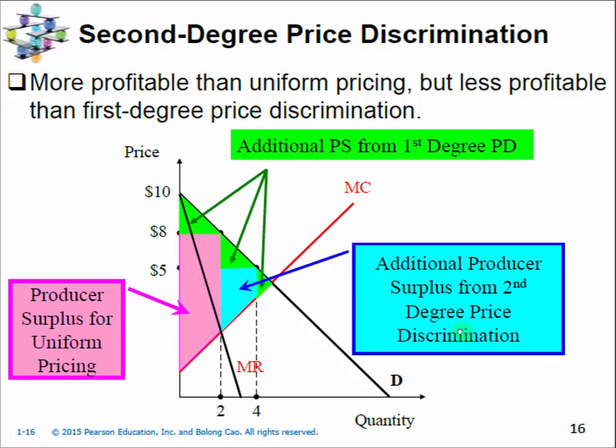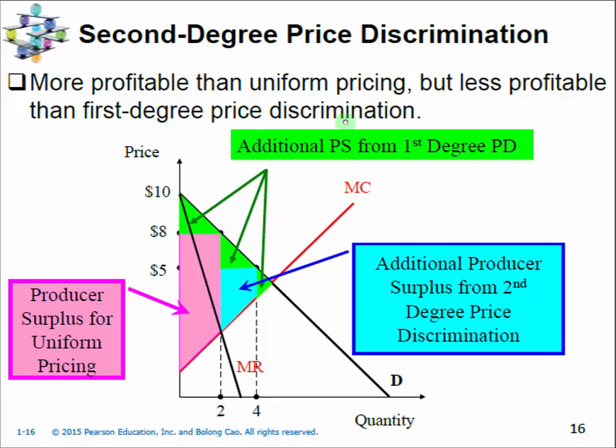Under second-degree price discrimination, there's higher producer surplus, smaller deadweight loss, and in practice, the consumer surplus left under second-degree price discrimination should be smaller than under uniform pricing, because you can imagine the firm with market power can set many different blocks to extract the consumer surplus.